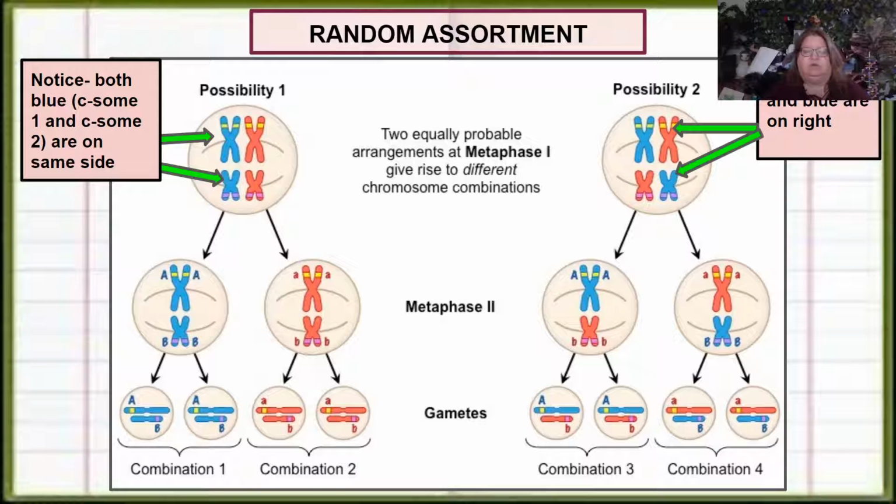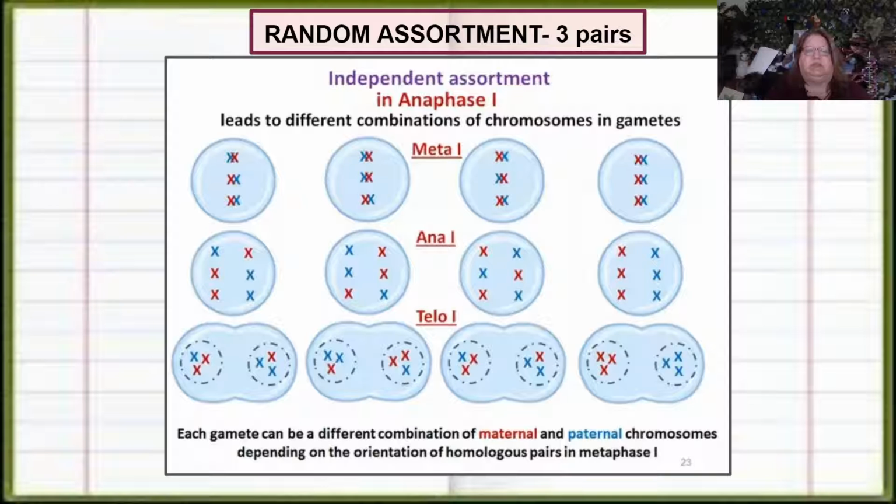If you've ever noticed the different puppies and kittens in a litter, this explains them. They get different traits from mom and dad. Here's an example where we have 6 chromosomes, 3 homologous pairs, and depending on how they sort, you could get different traits being given to the puppies or kittens.